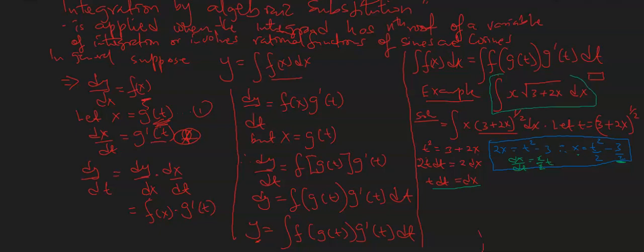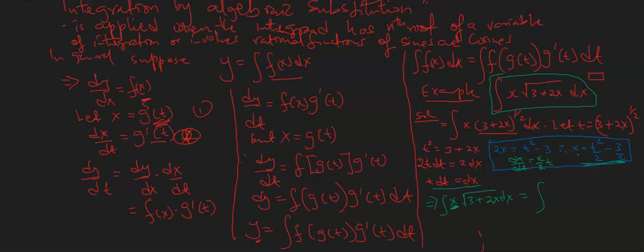And therefore, we can now rewrite our problem here and replace x with t. So you'll see that the integral of x root 3 plus 2x with respect to x will then be the integral of, note that this x will be replaced by this one.